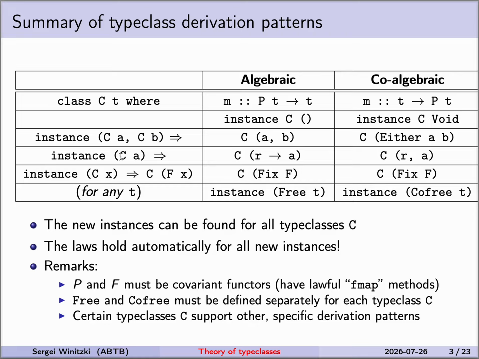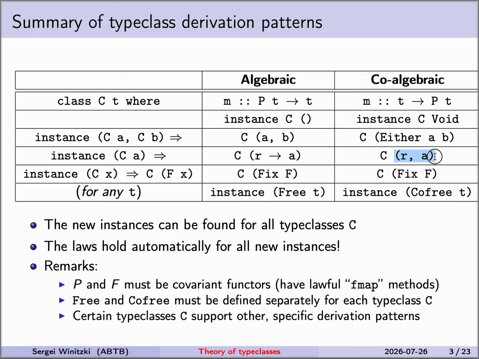This next one is that if A is an instance, or has an instance, then the function type R to A, where R is any fixed type, doesn't necessarily have to have an instance, then this function type has an instance of the type class C. And for the coalgebraic types, it's the pair R and A, where R does not necessarily have an instance, but A does.